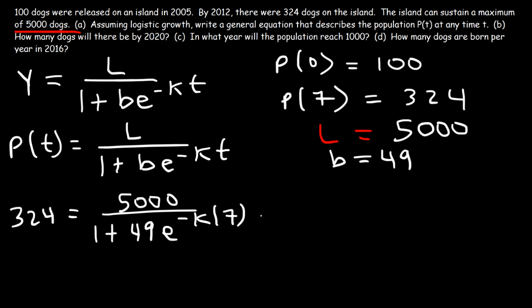So what should we do in order to solve it this time? Well, let's begin by cross multiplying. So we have 5,000 is equal to 324 times everything in the bottom.